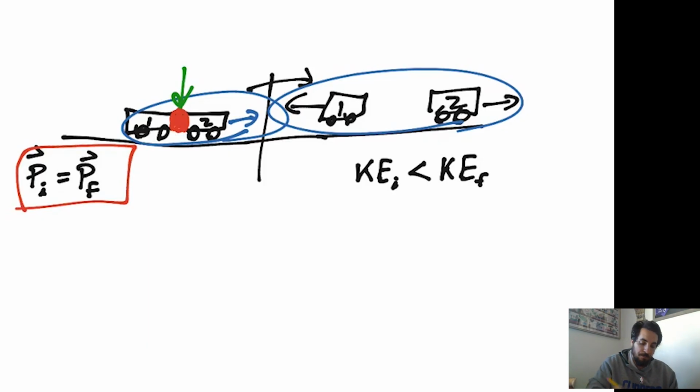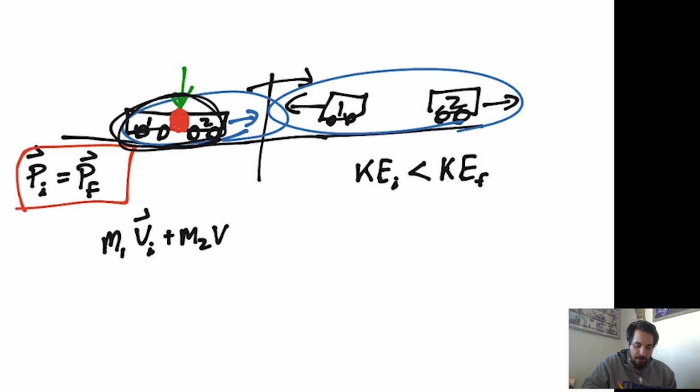And when we do this, we can look at our initial momentum, where we have mass 1 times velocity 1 initial. But here's the thing, both of our carts are mechanically connected at first. So they have the same initial velocity. So we can really write m1v initial plus m2v initial.